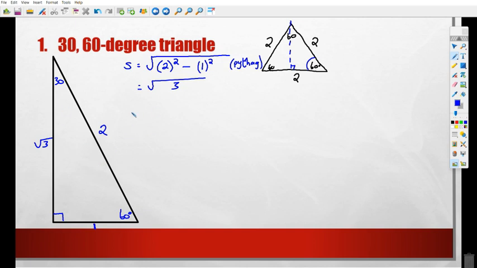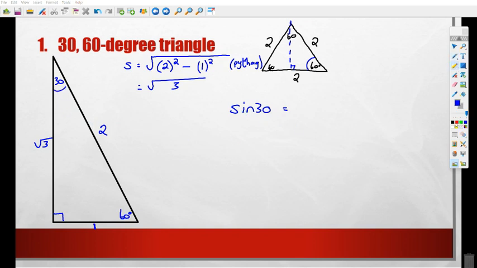Now, if I say tell me what the sine of 30 is without the use of a calculator, I have this triangle that I can use instead of my calculator, because you can see there's a 30 degrees there.